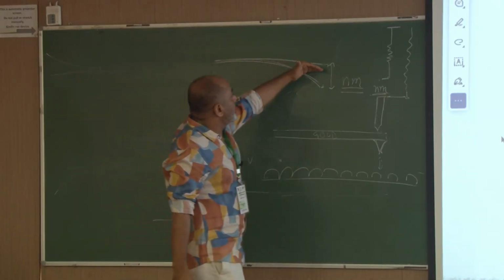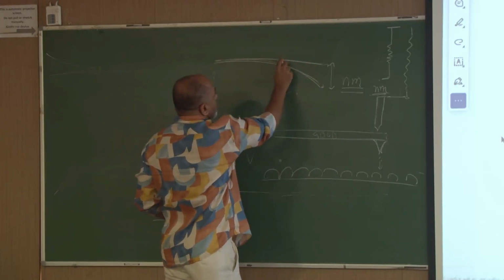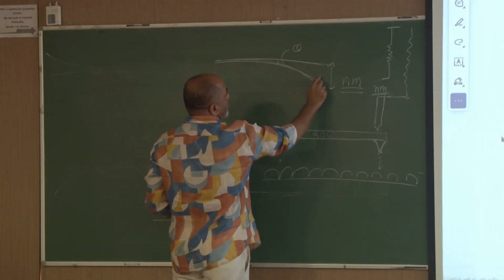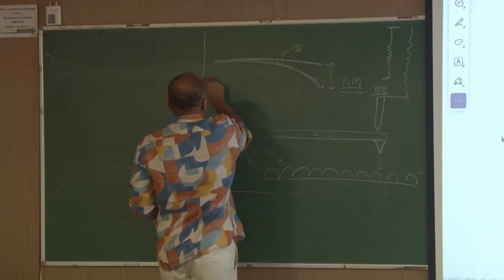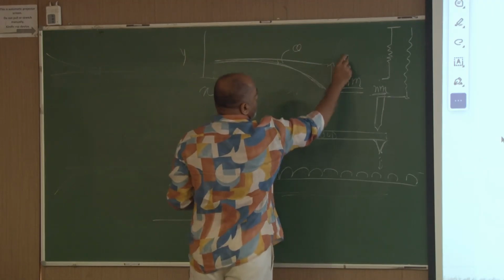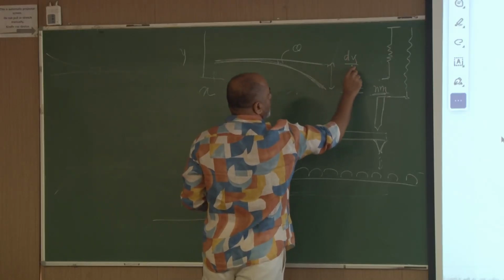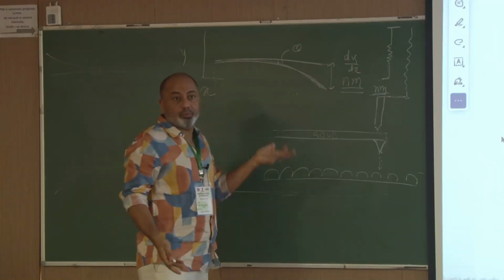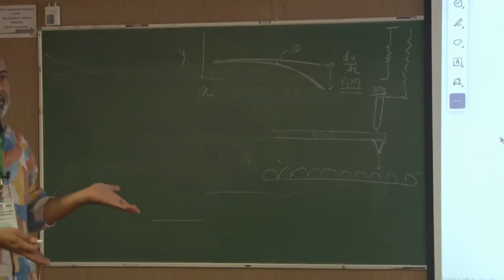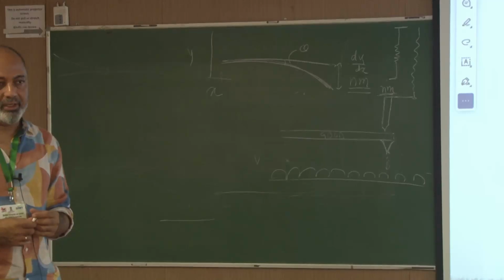The actual cantilever has angle theta, or if this is y and this is x, then you can call the slope there dy by dx. Okay, that slope is what actually happens with the cantilever when it bends down with a force, right?